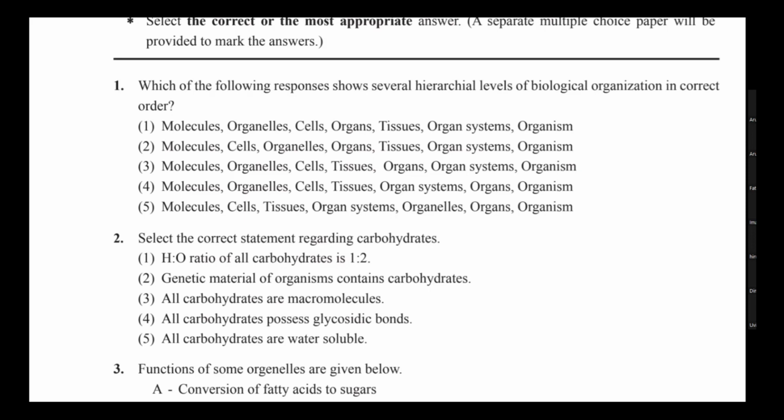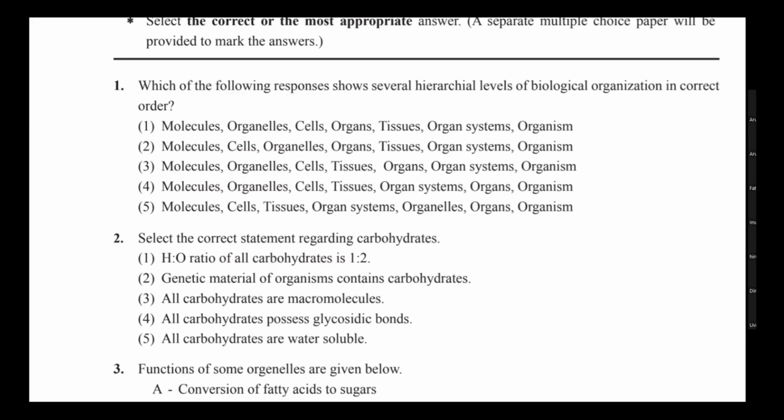Fourth one, all carbohydrates possess glycosidic bonds. Now there are peptide bonds, ester bonds, hydrogen bonds, different kinds of bonds. The type of bond present in carbohydrate is the glycosidic bond. What is a glycosidic bond? It is a bond formed by removal of a water molecule from 2 adjacent monosaccharides by a condensation reaction. The water molecule is formed from the OH group of one monosaccharide molecule and hydrogen from the adjoining monosaccharide molecule.